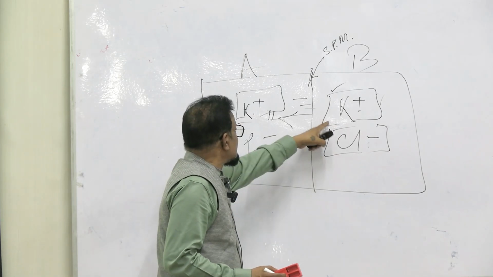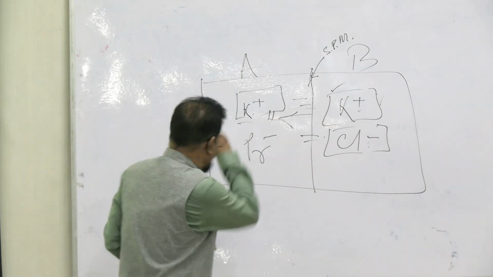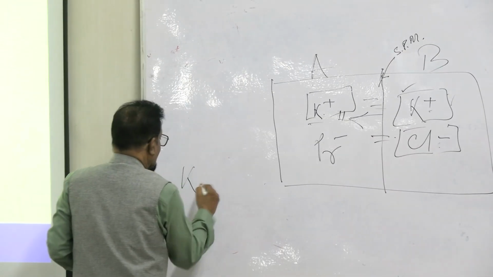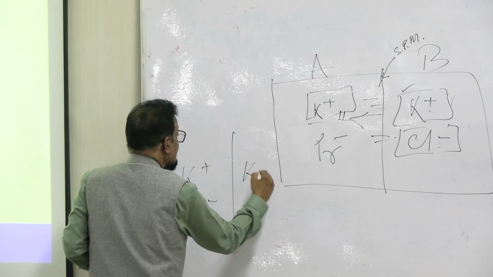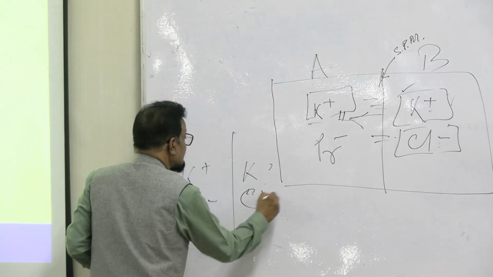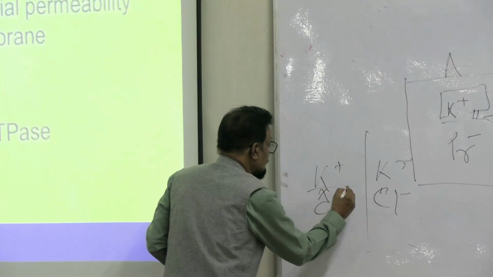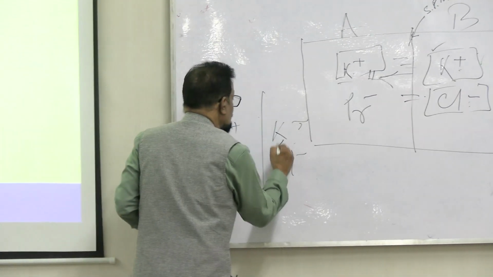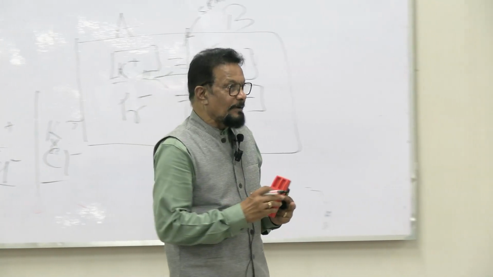The concentration of chloride, since it is moving, will also change, and the product of the previous equation, KCl on this side and KCl on that side, their product should be equal, their ratio should be equal.